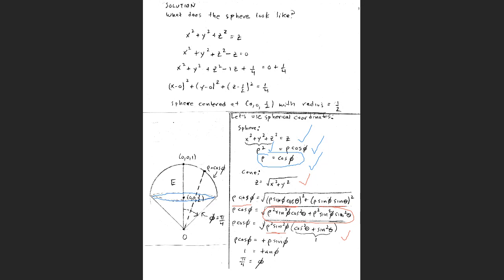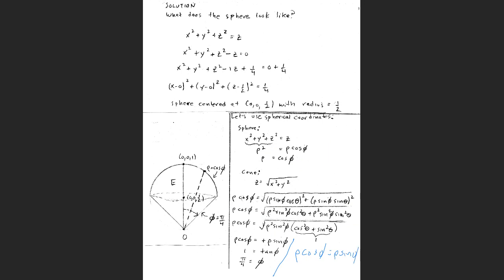Let me just make a note here. Let me give myself a little more room. I have to train myself to give myself enough room. Okay, so rho cosine phi equals rho sine phi.